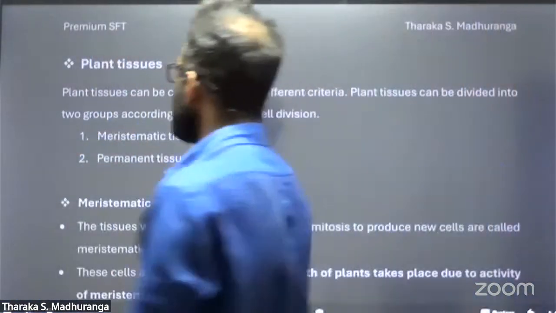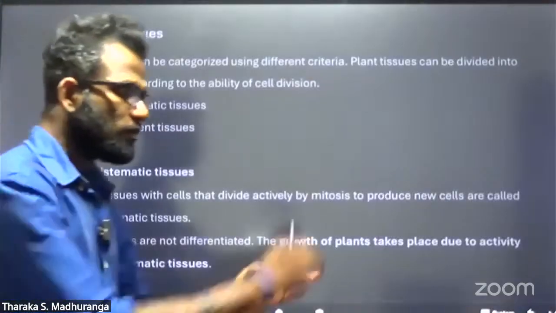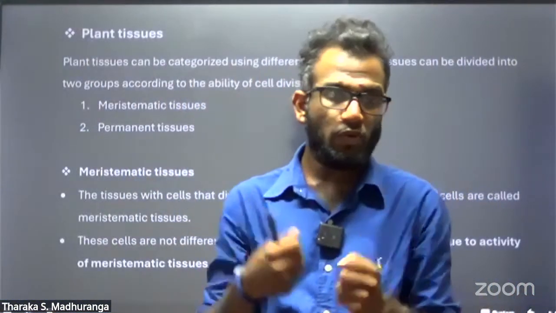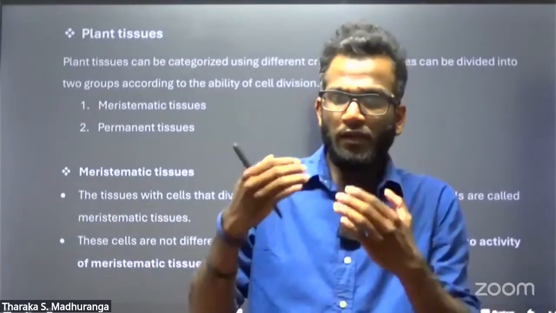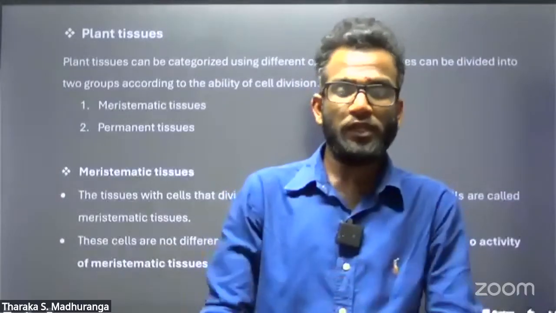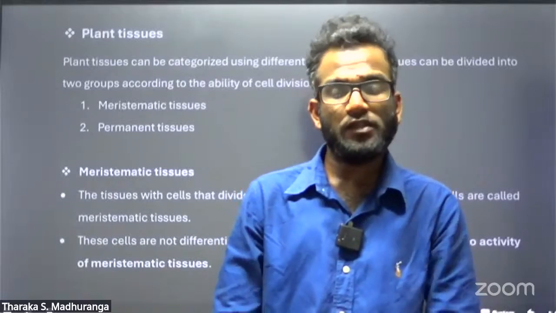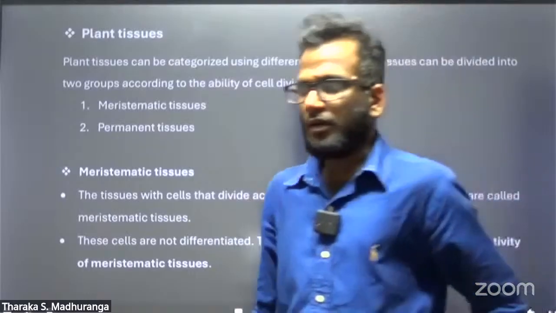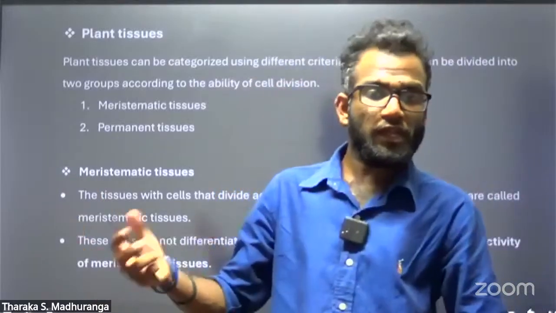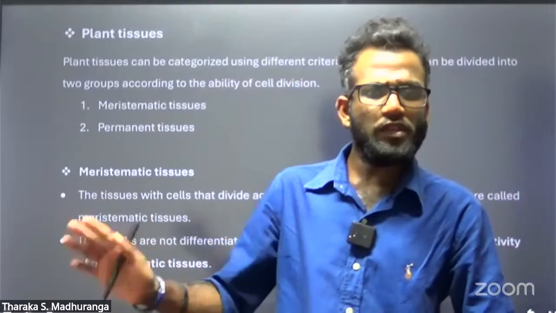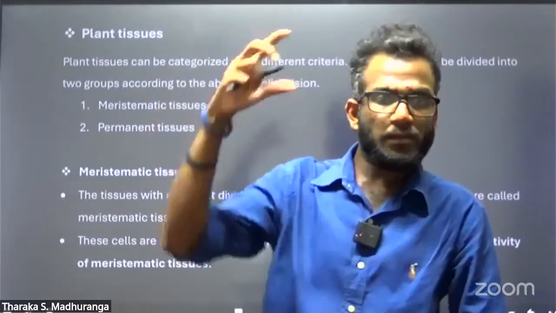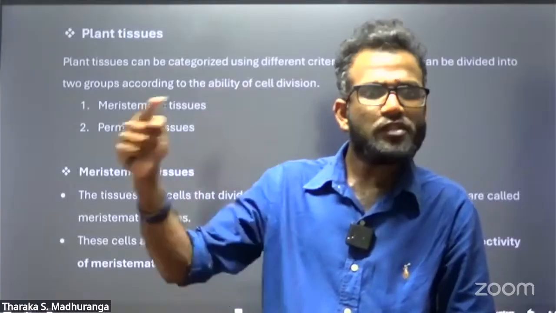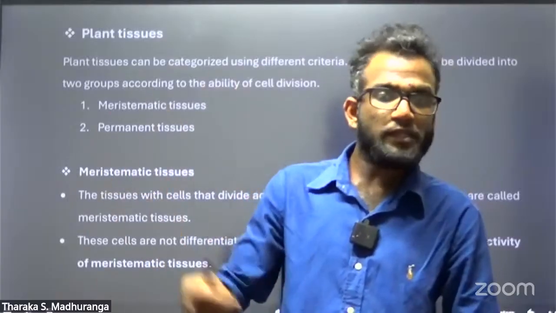Okay, plant tissues. Now the cell part is covered. We discussed the cellular organizations, the prokaryotic cell organization, the eukaryotic cell organization, and the organisms without any cellular organization. In prokaryotes we discussed the structure of the bacteria cell.